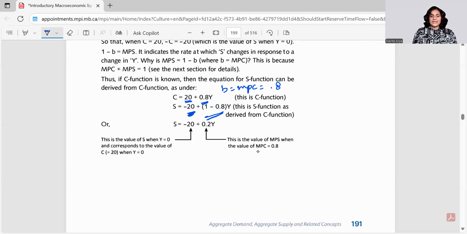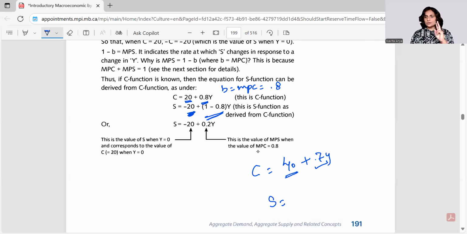So whatever is left out of 1 after subtracting this becomes MPS, right? So for any other example, say C is equal to 40 plus 0.7y. What does it say? It says that whether you have an income or not, the economy would be spending 40 units. And afterwards, whatever is the income generated, 70% of that income would be spent. On a similar note, if we want from this C, can we derive S?